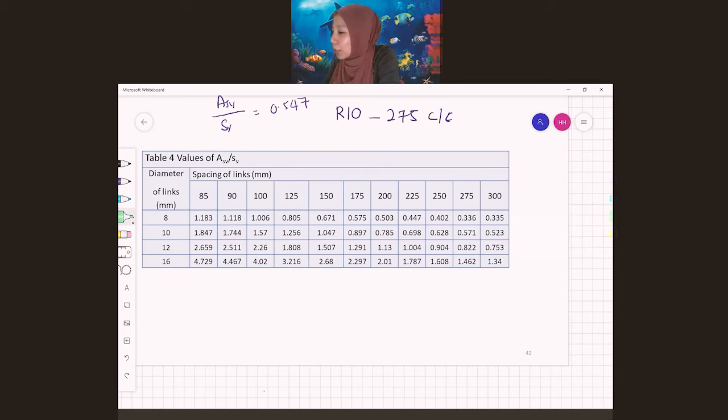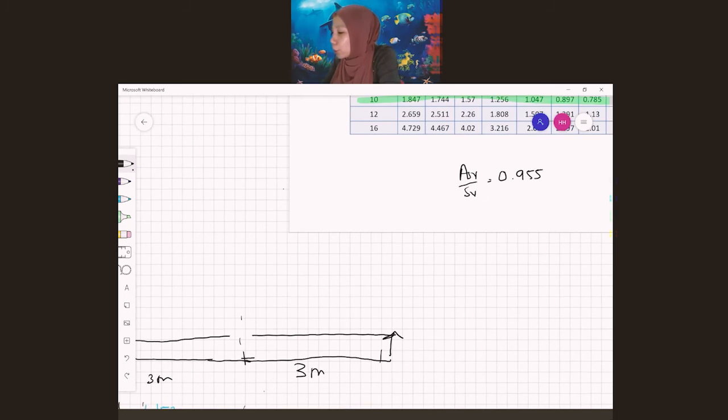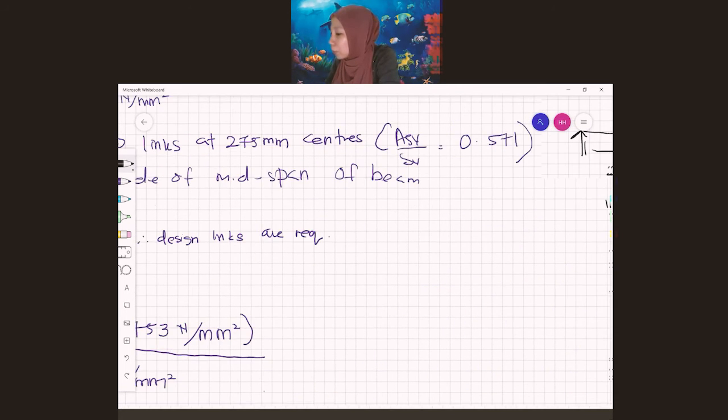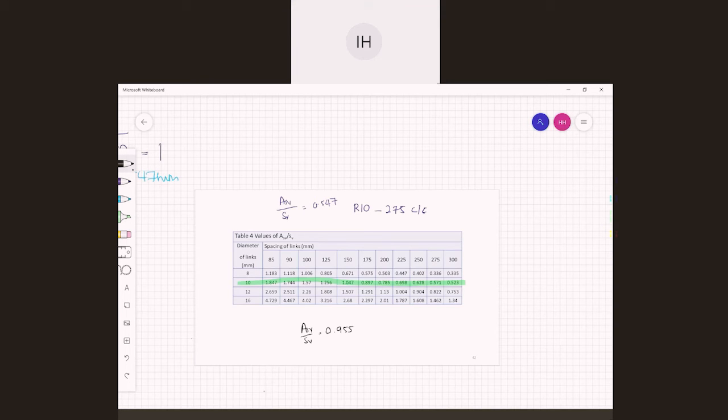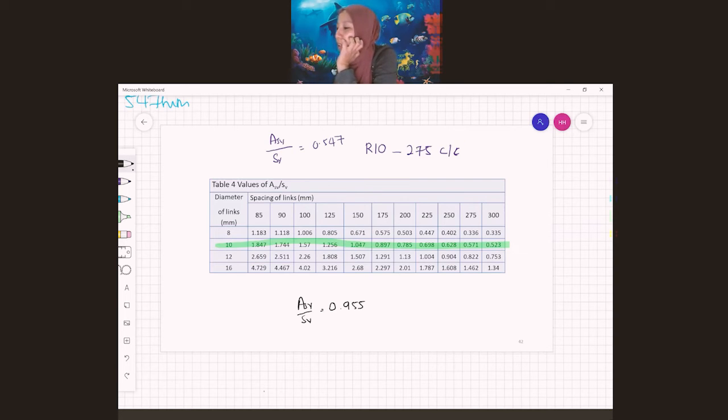So we have this value of ASV divided by SV equal to 0.955. Okay, anyone want to try berapa? Okay, so nak pakai mana? 150. So spacing 150. Okay, boleh.